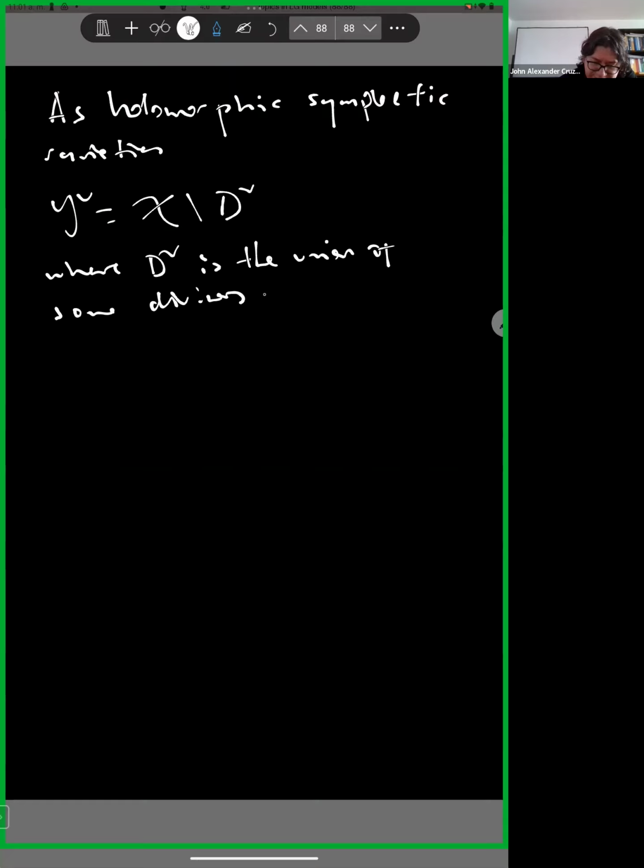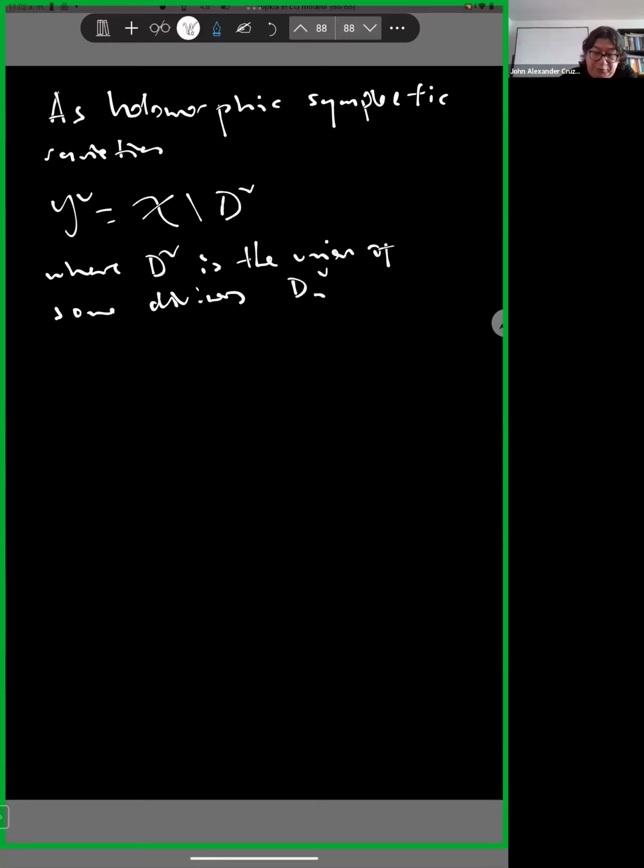As holomorphic symplectic varieties, we have that Y check is equal to X minus some union of divisors D. So this is actually the difference between Y check and X, right?